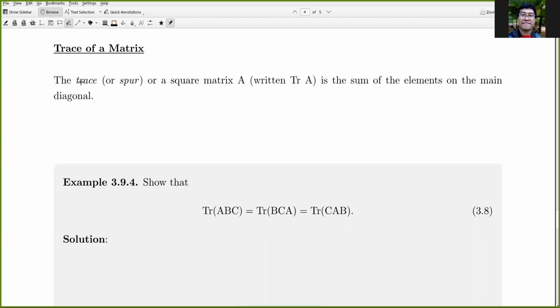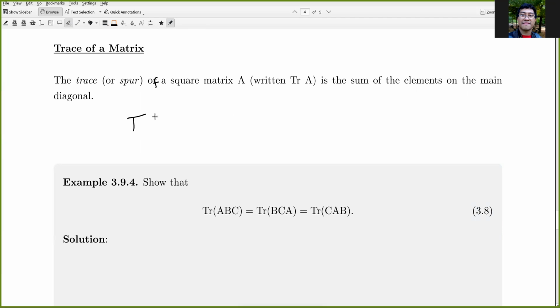One more thing: the trace or spur of a square matrix. The notation is Tr, and it is written as the sum of the elements on the main diagonal.